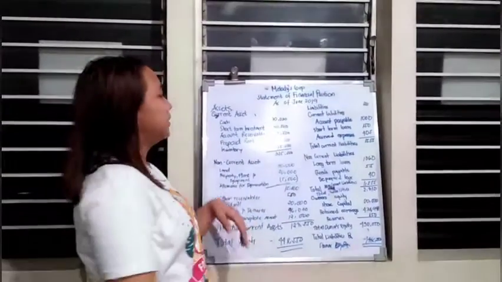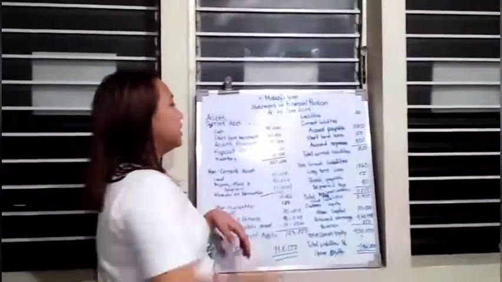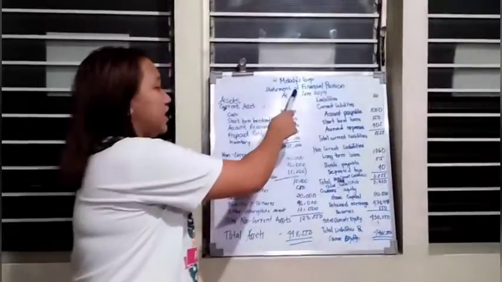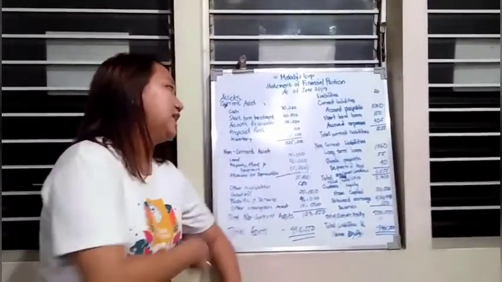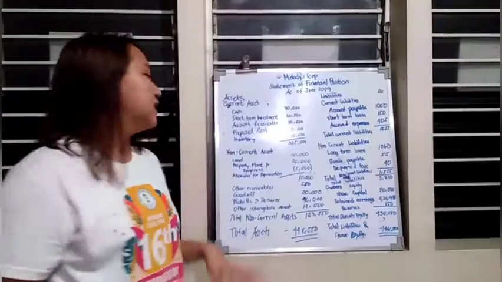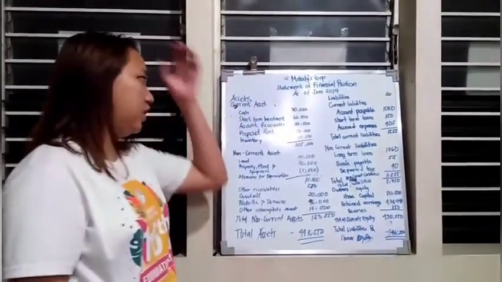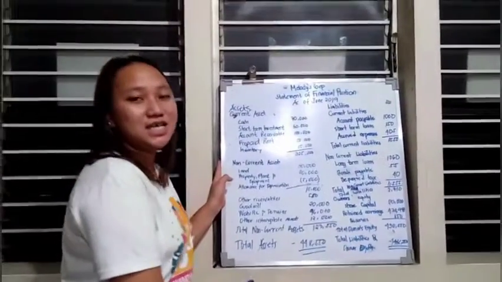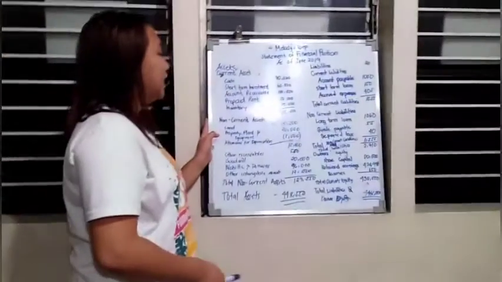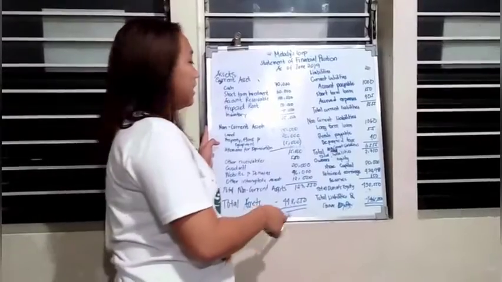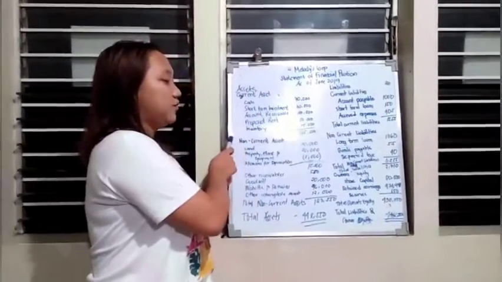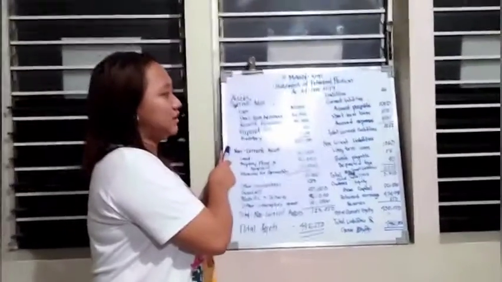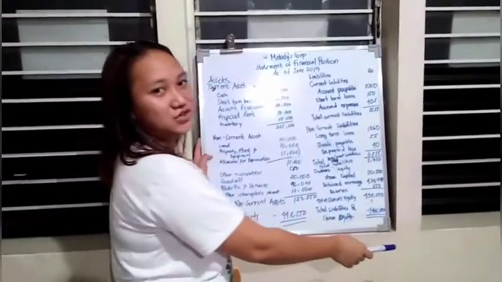Then next is the words statement of financial position. Then the given date, as of June 2019. By the way guys, this form of writing the statement of financial position is the account form because it is written horizontally, and we have the assets on the left side and liabilities on the right side.